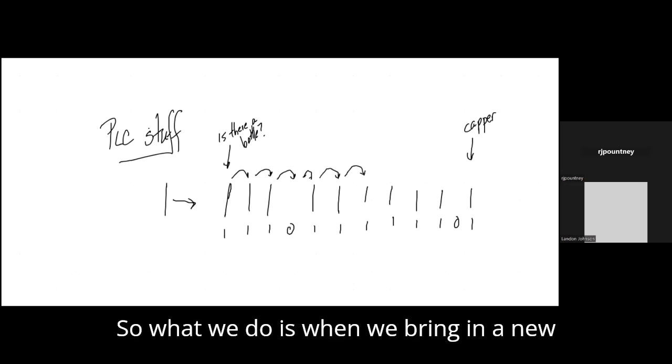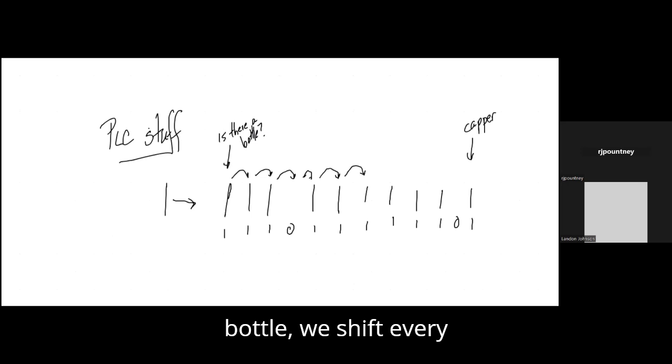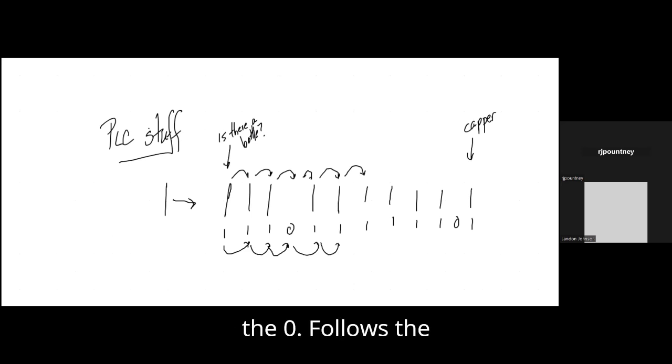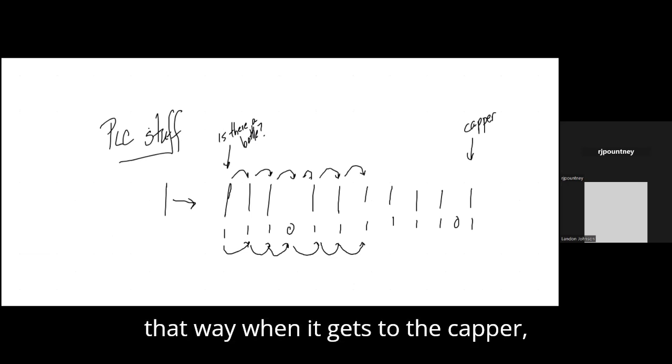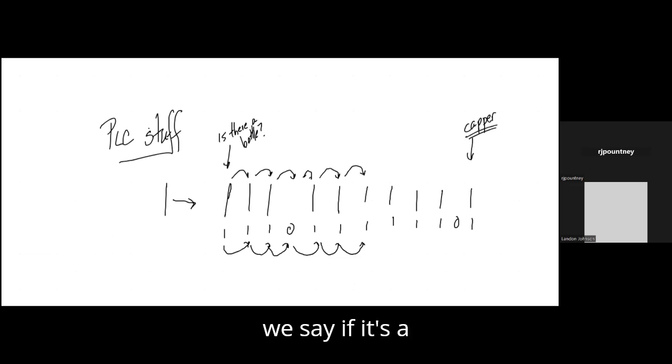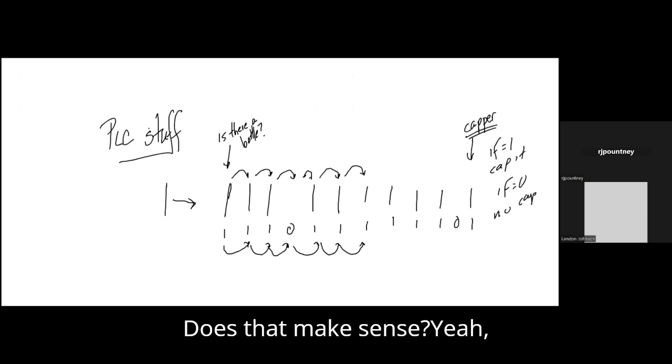So when we bring in a new bottle, we shift every bit in that group to the right. So the 0 follows the bottle. That way, when it gets to the capper, we say if it's a 1, cap it. If it's a 0, no cap. Does that make sense?